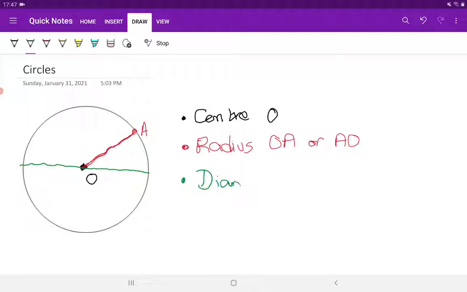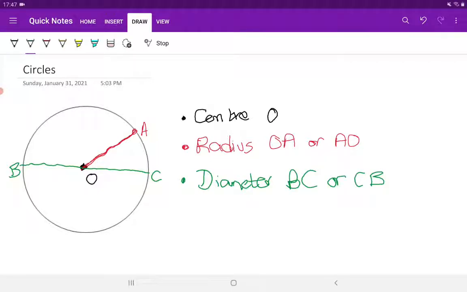So the diameter of the circle goes from one point on the outside to right across the circle through the centre to another. And if we put a B here and a C here, then we can call that diameter BC, or we could call it CB.